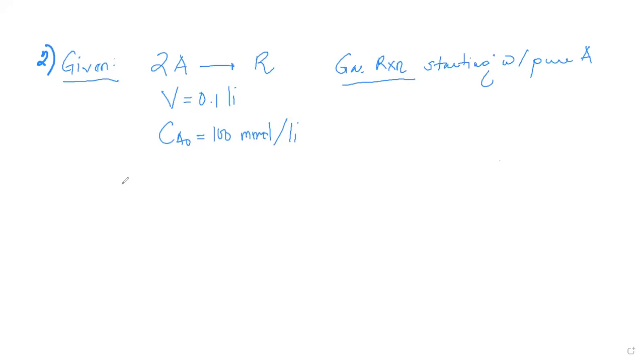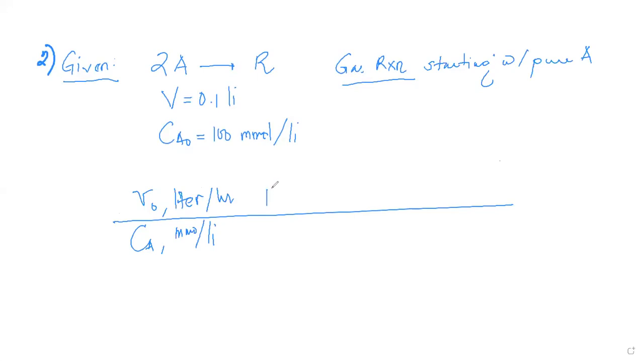And you're given this tabulated data for 4 different runs. So you have the concentration in millimole per liter, and you have the volumetric flow rate in liter per hour.